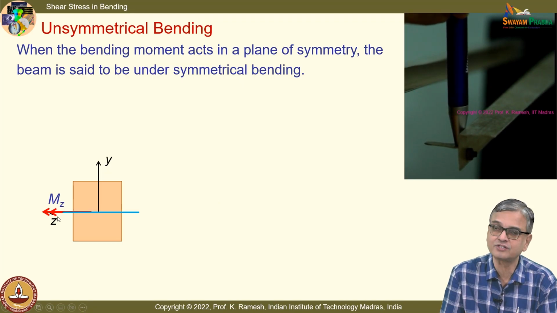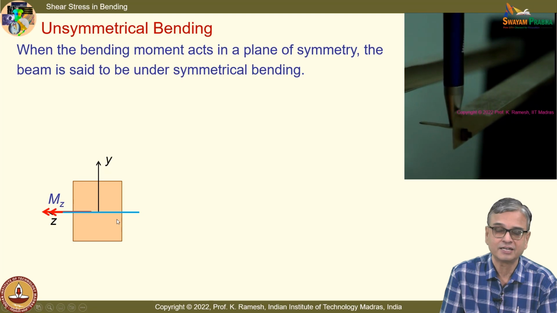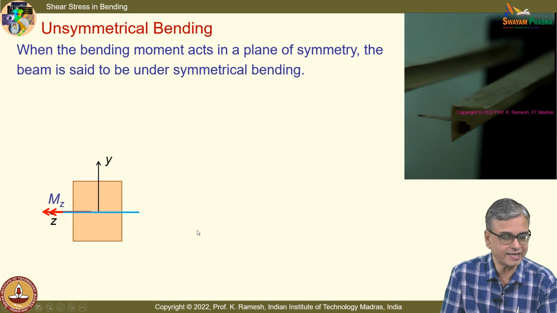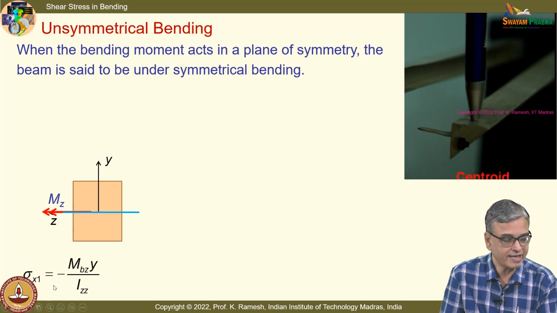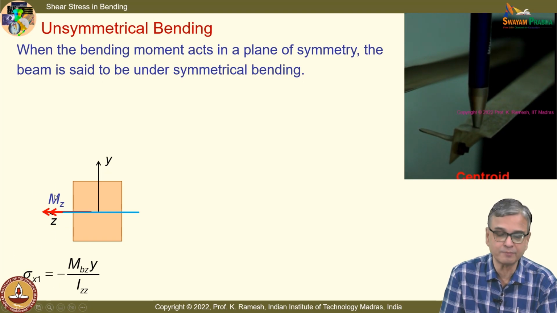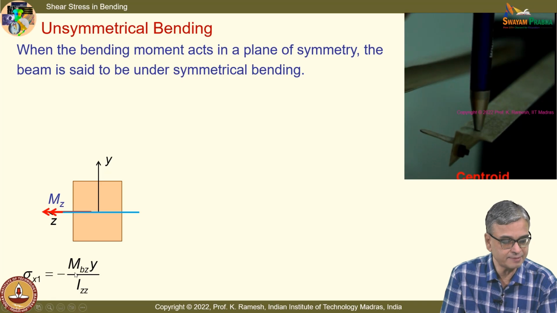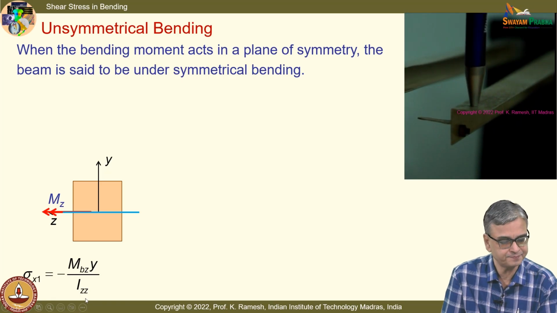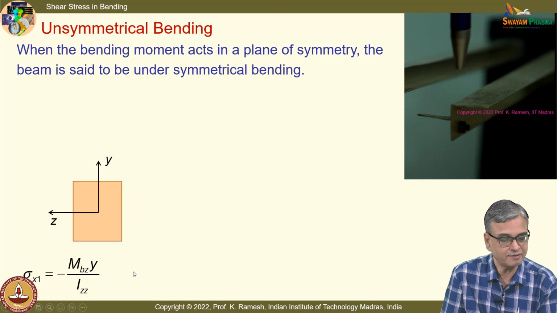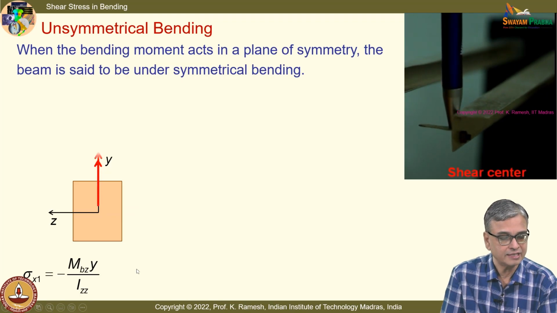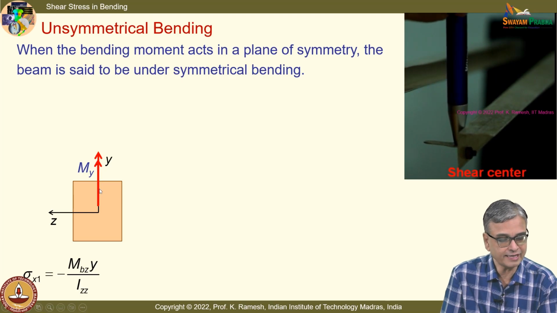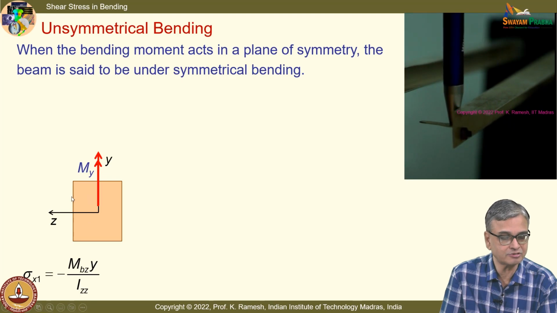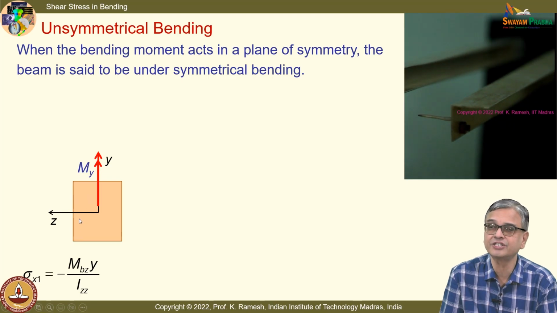And once you have this, you know the flexure formula, and I can find out what are the stresses introduced. The sigma x1 due to this bending moment is given as minus MBZ y by IZZ. And suppose I individually consider the bending moment MBY, you should also recognize when this is positive, what would be the stress in the positive z direction?